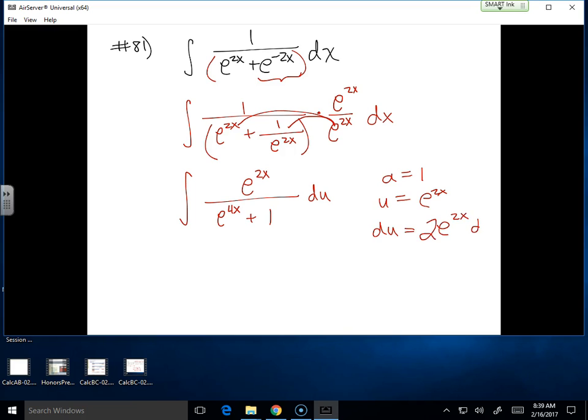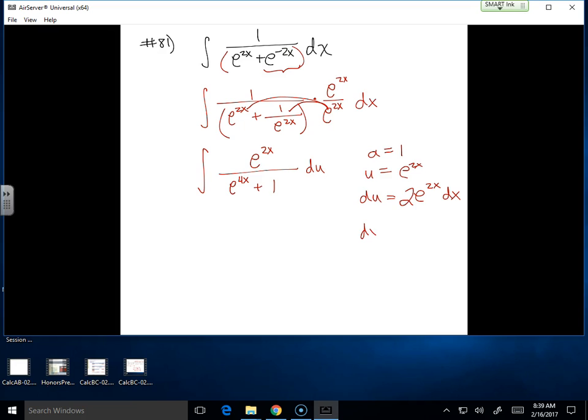E to the u times u prime. Solve for dx. Dx is equal to du over 2e to the 2x. Now we plug and chug. We have e to the 2x over u squared plus a squared times du over 2e to the 2x. Booyah! Who's going away?